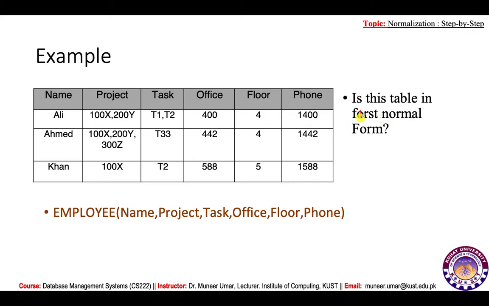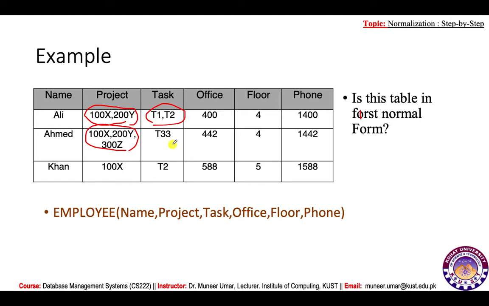If this table is in first normal form, then we must ensure that all the attributes or columns are storing scalar values. There should be no multi-value attributes in this table. But if we look into this table, we have some multi-values under project, here again, and also here.